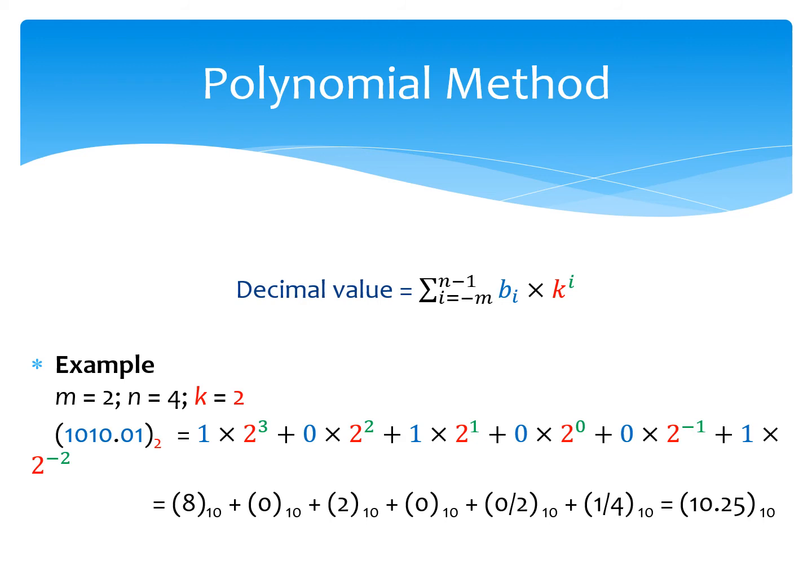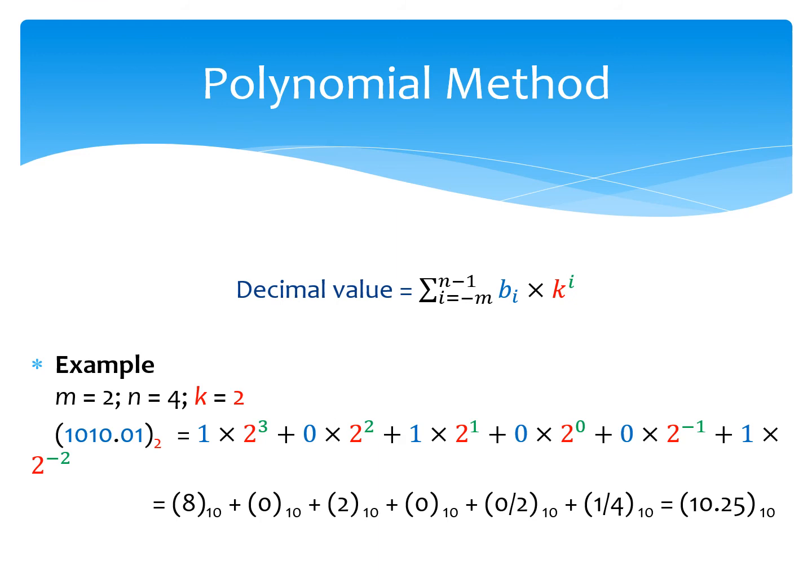That is 0, 1, and thus m is 2. The symbol n is the number of digits on the left of the decimal point. In this example, we have 4 digits on the left of the decimal point. That is 1010, and thus n is 4.